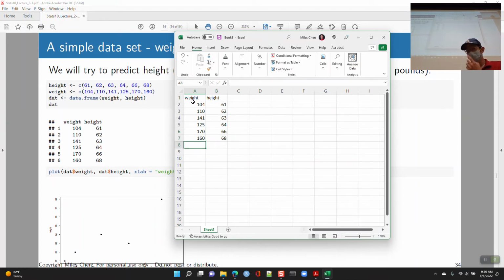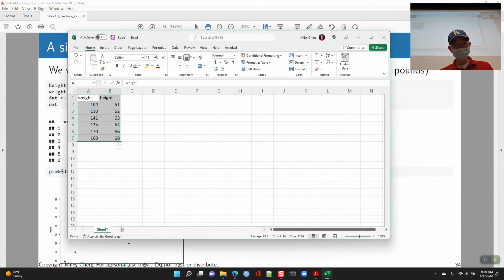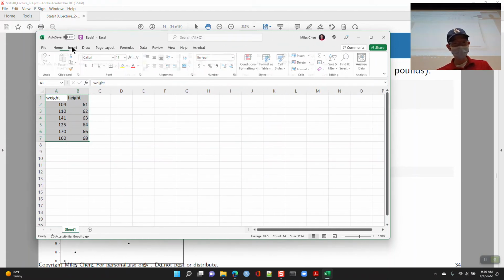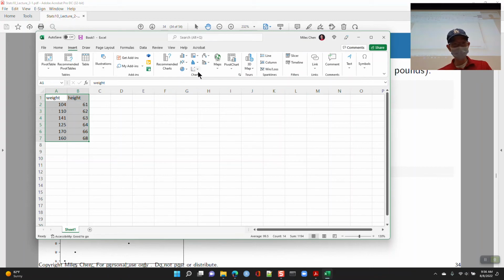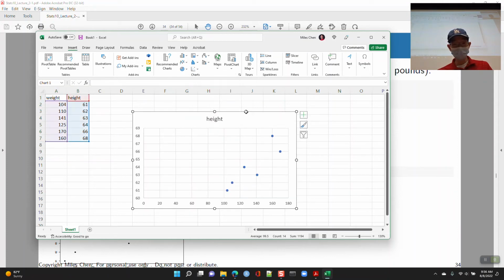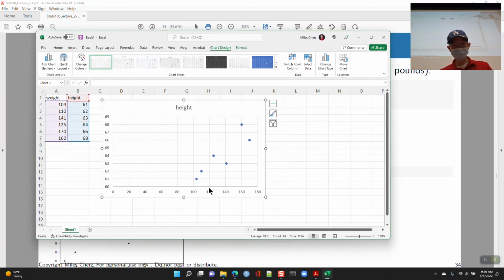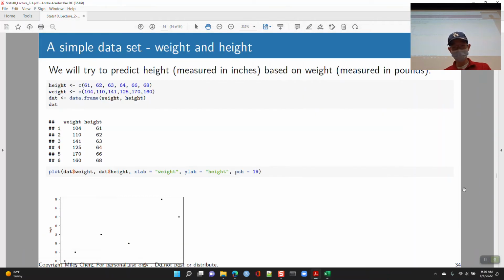So I've got my 6 data points in a little Excel table. I highlight that, click Insert, Chart, and we'll do a scatter plot. Here is the plot, which looks a lot like this one, just stretched or compressed a little bit.